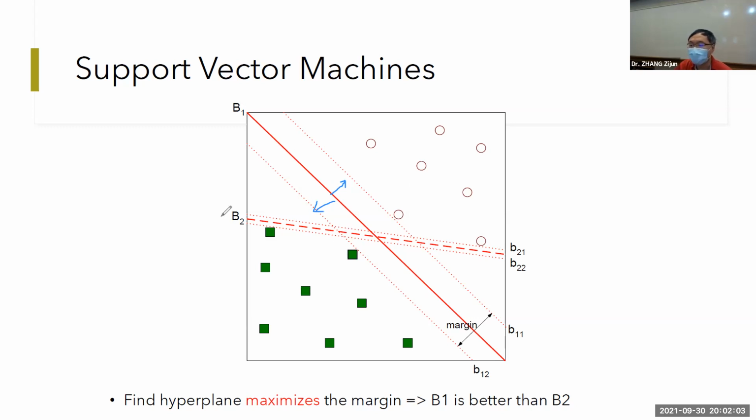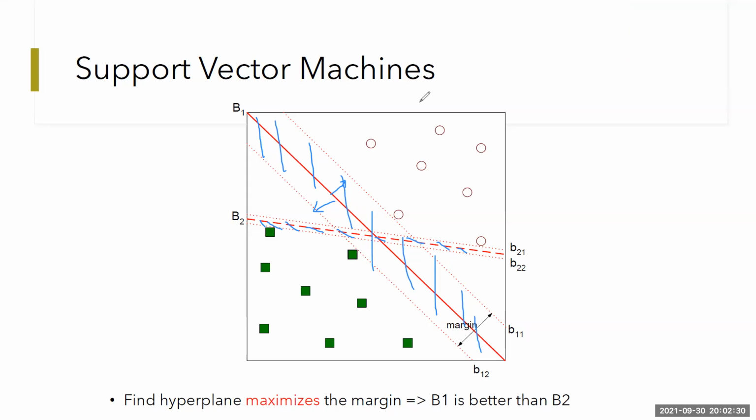Then we check the span of this margin. We do the same thing for B2. Obviously the margin produced by B1 is larger than the margin produced by B2. In this case, we consider B1 is better than B2.